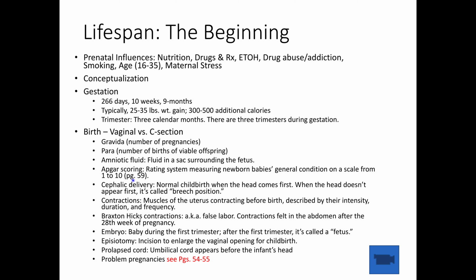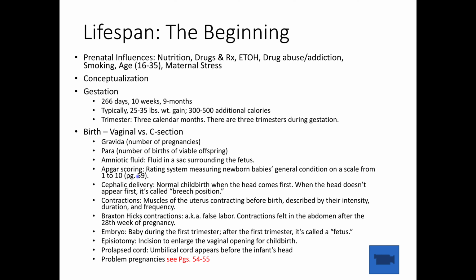It's funny with APGAR scoring, that's done usually immediately after delivery of the baby, then I believe 10 minutes later. The range is 1 to 10, and on page 59, the book does a good job of describing that. No one's infant is going to be rated a 10 unless it's another obstetrician's baby.